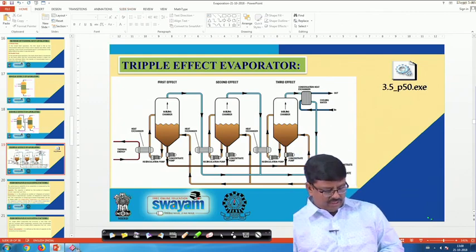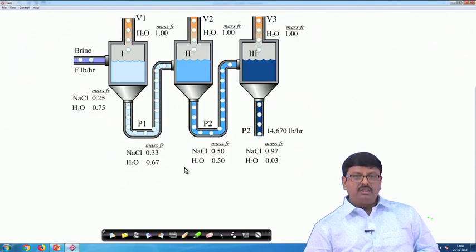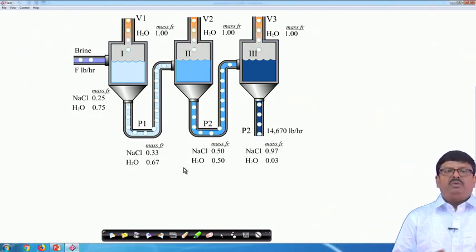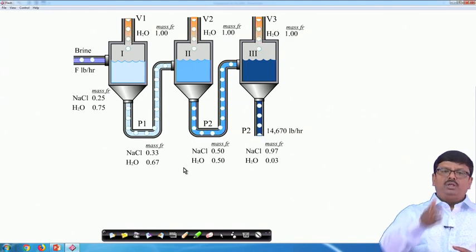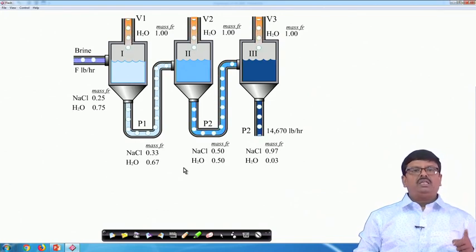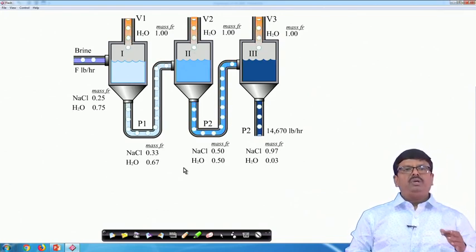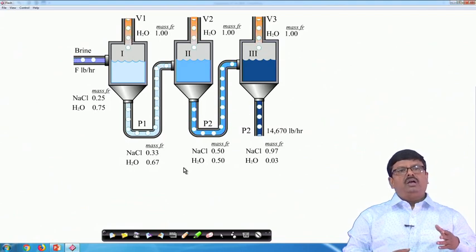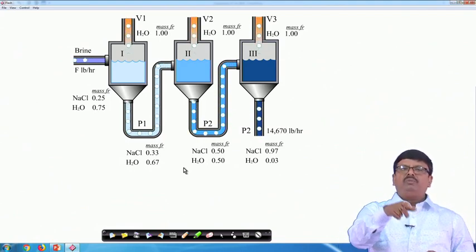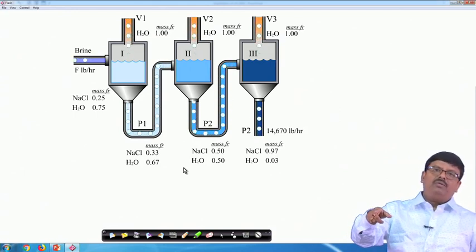Just have a look at these operations. With the help of this animation we can better understand the function of evaporation in a triple effect evaporator. Everybody can understand this is a forward feed triple effect evaporator, where the brine solution is introduced at the first evaporation chest, and the product is passed on to the second one, and the product from the second one is also passed on to the third one.